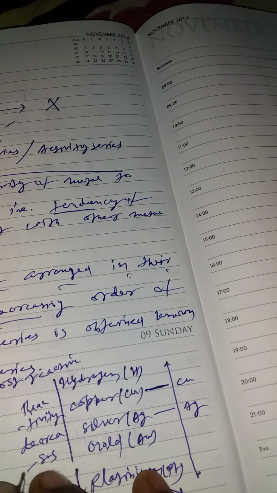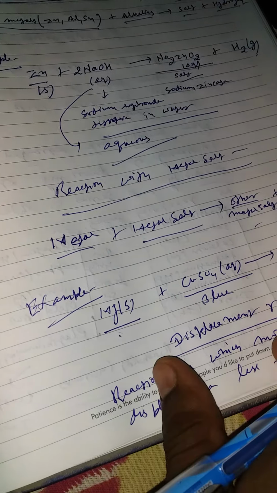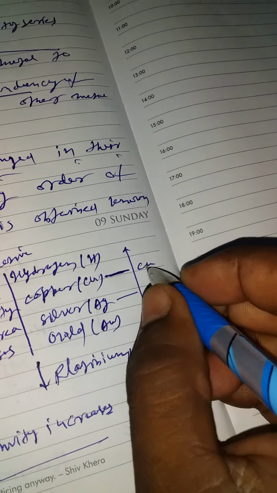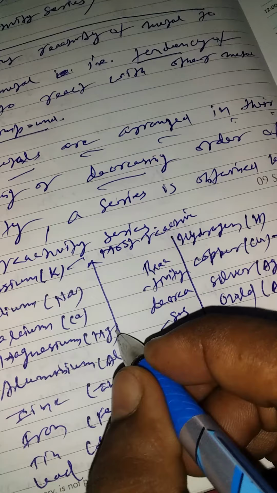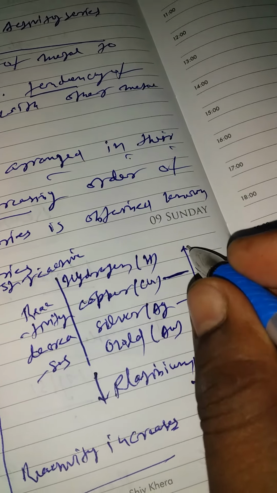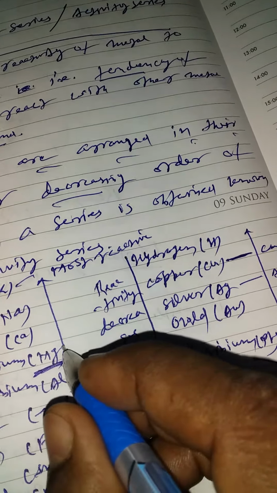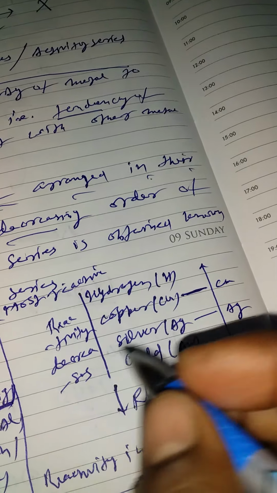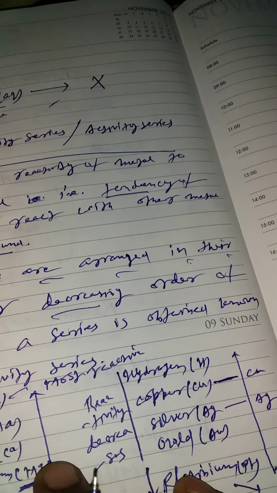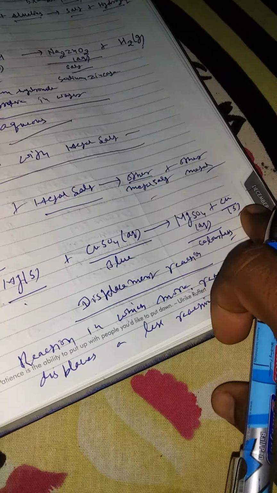But in the case of previous example, when magnesium reacts with copper sulfate, we see from reactivity series that in upward direction, copper, hydrogen, lead, tin, iron, zinc, aluminum, magnesium, magnesium is above copper, so magnesium is more reactive than copper, so magnesium displaces copper to form magnesium sulfate and copper.